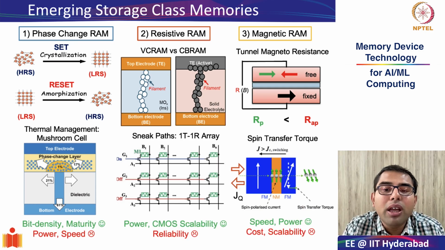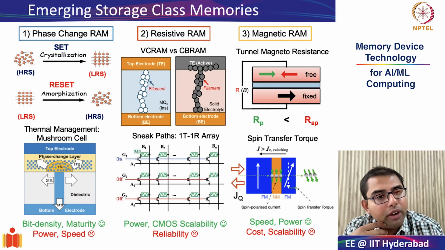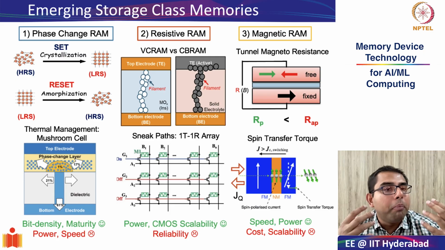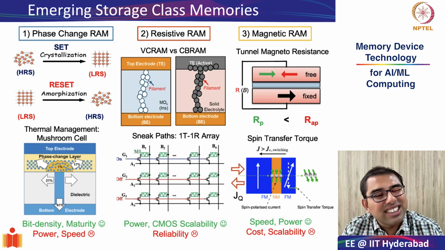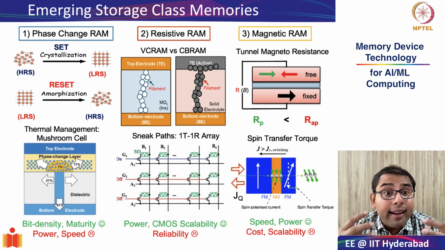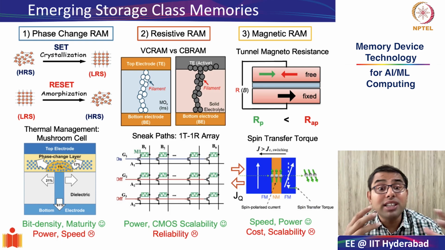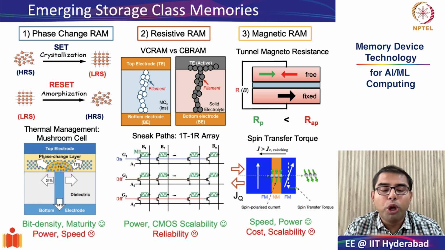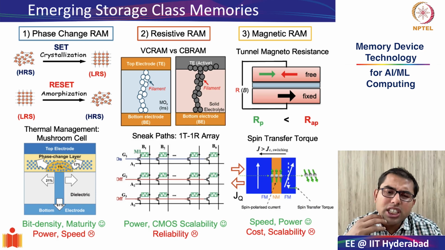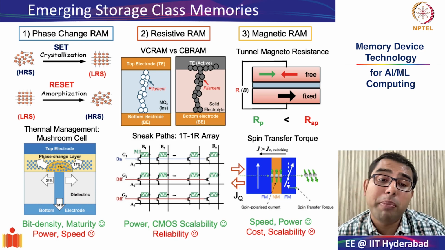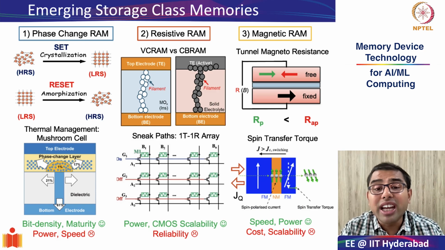One important thing that we saw is that all these different kinds of storage class memories, none of them had the perfect solution. So there were all kinds of trade-offs, both in phase change RAM, which had very high bit density but was suffering mostly in power, in resistive RAMs, where the power and CMOS scalability was very good, but reliability was a big concern, and magnetic RAMs or MRAMs, which had very good speed and power capability, but the cost and scalability was a really big issue.